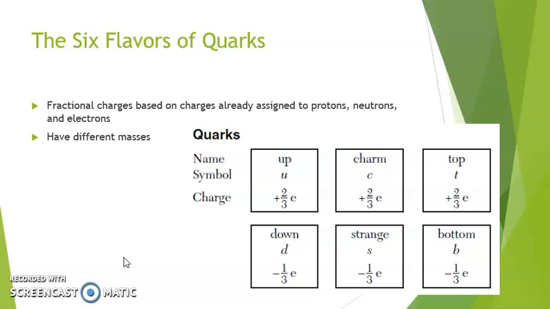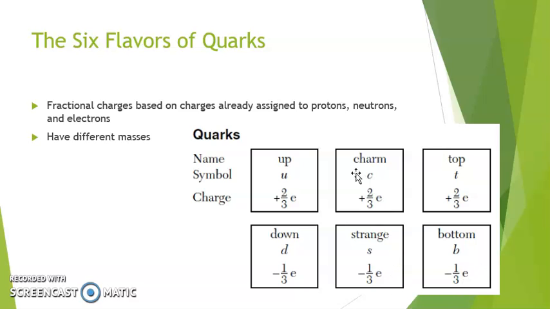So once we have that decided, it just so happens that the quarks are fractions of those. Now, ups, charms, tops, they all have positive 2/3 charge. They do have different masses, among other things. So again, we'll talk more about what the differences are between them later. But we've got the positive 2/3, we've got the negative 1/3.